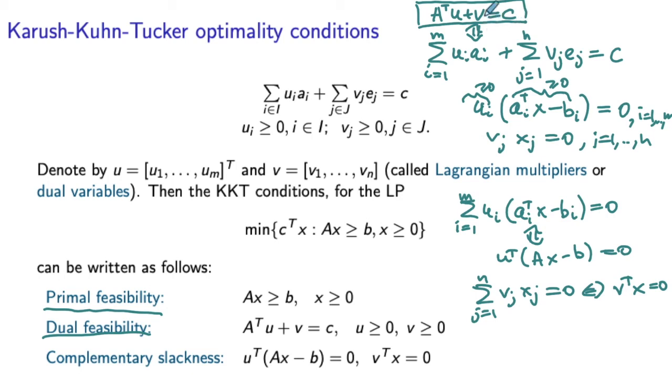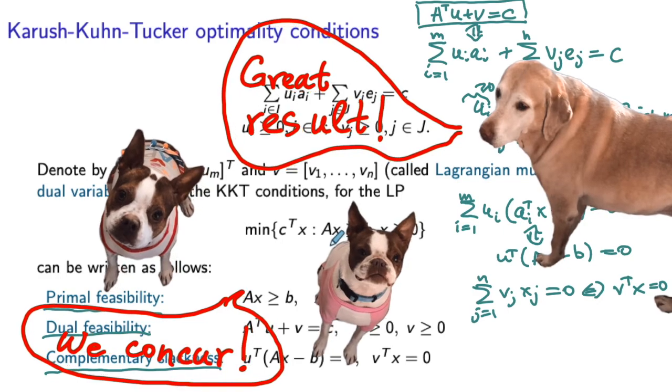Then we add the slack variables given by the vector v and we obtain exactly this system right here. So together with non-negativity of the dual variables, we obtain the dual feasibility condition. And finally, we write down complementary slackness in this form right here. So we have u transposed times (Ax minus b) is 0 and then v transposed x is 0. And this summarizes our optimality conditions.